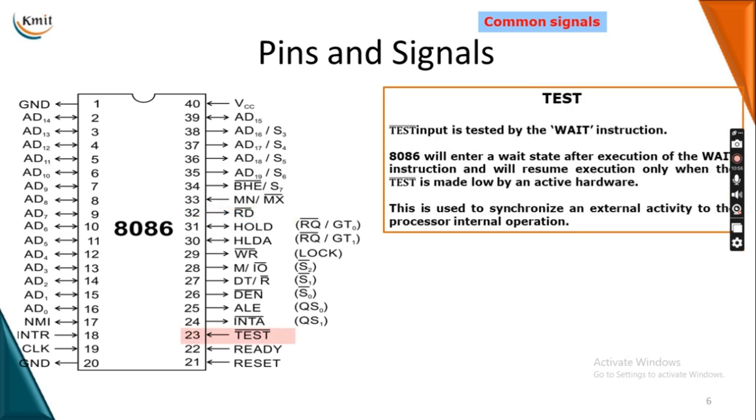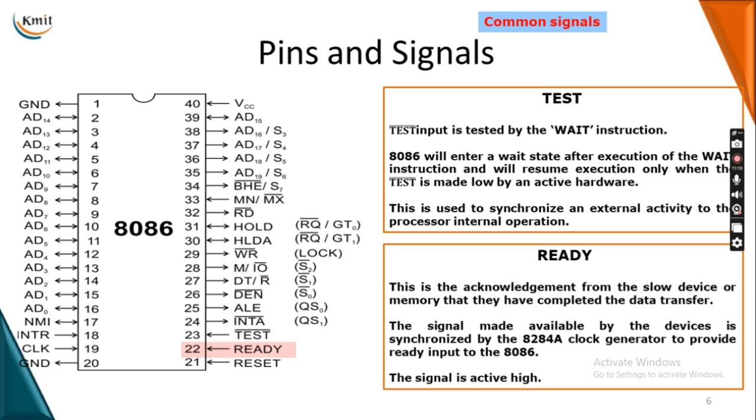Test is nothing but it is one of the features in our special processor activities, where test is being given by the wait instruction. So it will wait until the test has been done of the external activity. Next, ready, nothing but acknowledgement bit which tells the processor that it is ready for the next thing to do.